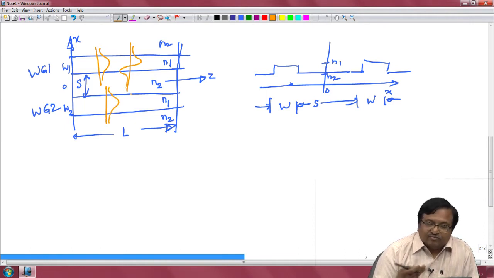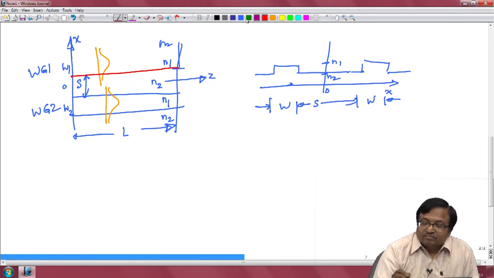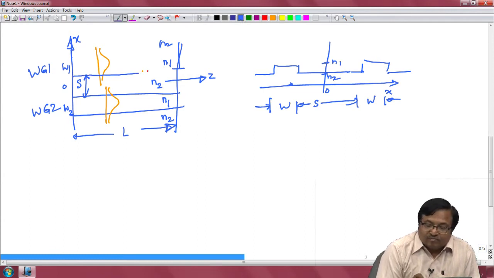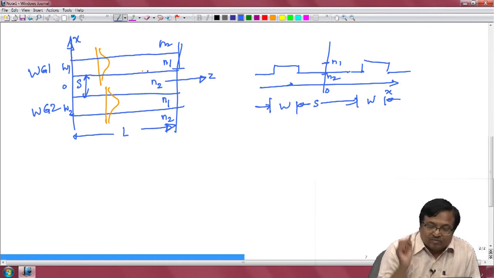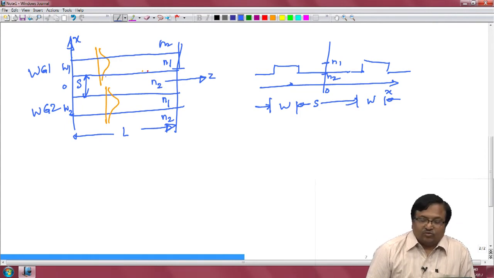We can solve for the propagation constants and the mode fields, etc. So, individual mode fields of the waveguides are known.